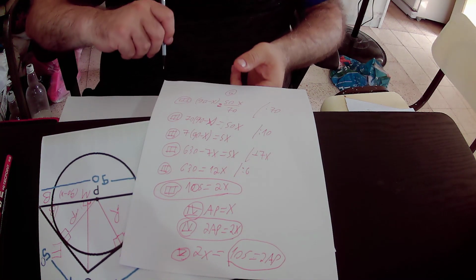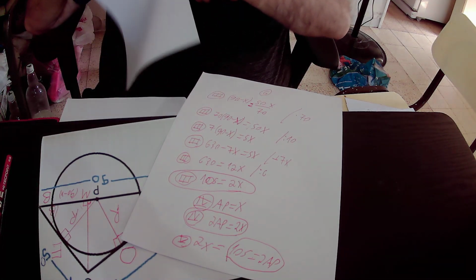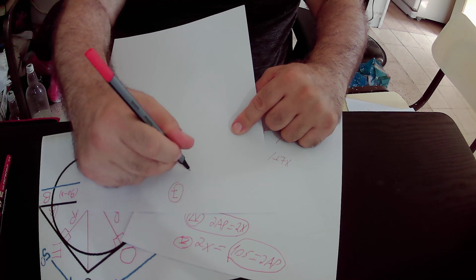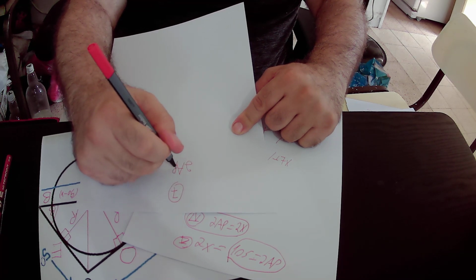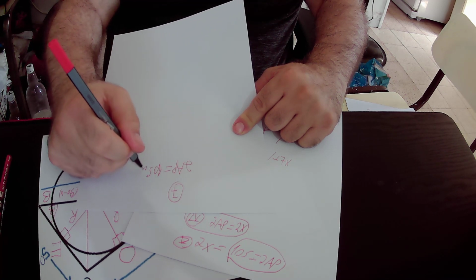And that is actually our final answer: the value of 2 times AP equals 105 units.